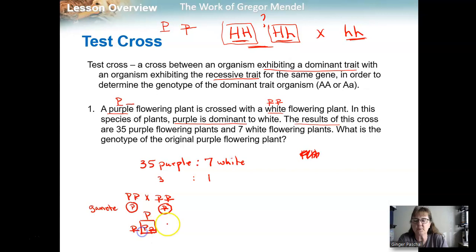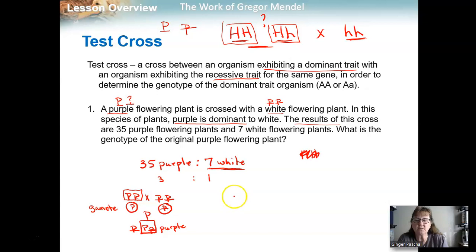And when we perform the Punnett square, we can see these are all purple. So could this be the genotype of our unknown plant? No. Here's why. We got white flowers when we crossed them.